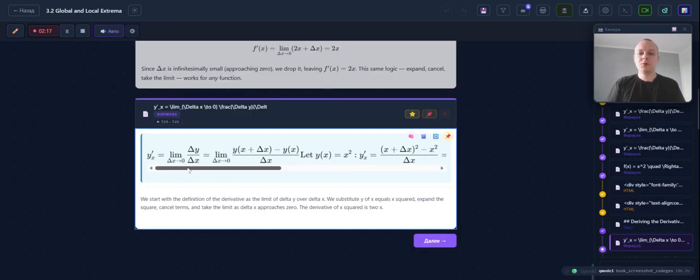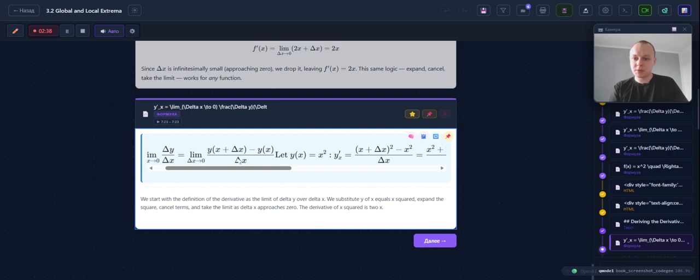If you'd like to calculate this derivative value, we can do this with the first principle method, applying the limit as delta x goes to zero. It's a very small number.